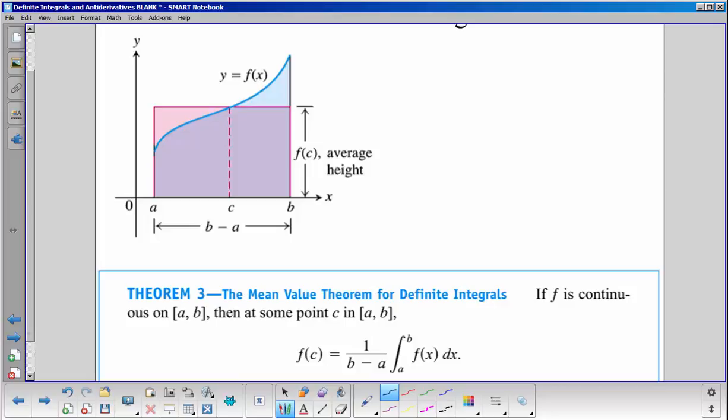So the mean value theorem for integrals doesn't have anything to do with slopes, but has to do with areas. Okay? So everybody's area almost filled up?